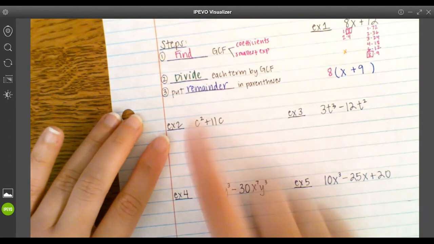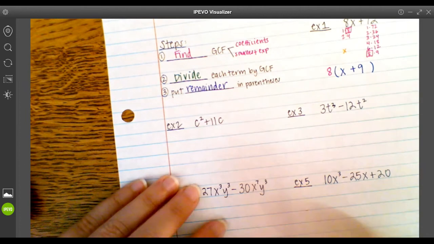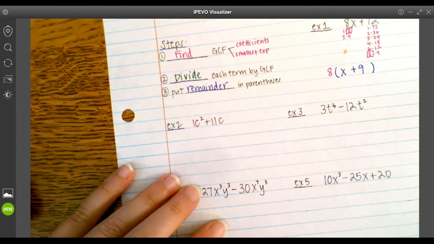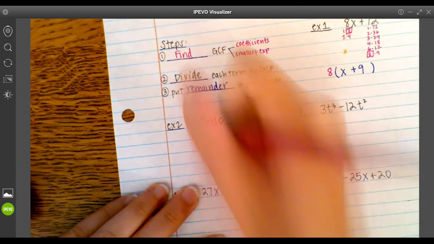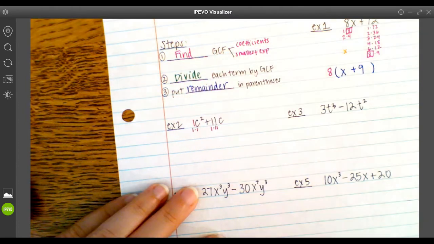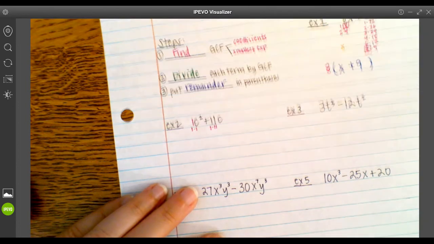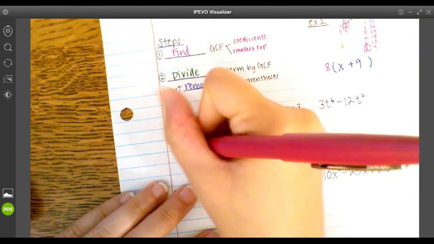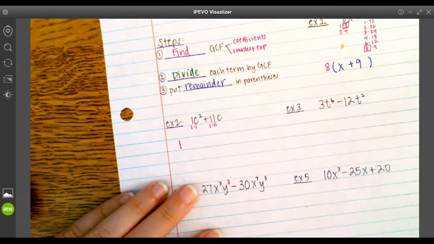Same idea. Notice that we don't have a number in front of c squared, so we're just going to automatically assume a 1. So our factors of 1 are 1 times 1, and our factors of 11 are 1 and 11. So that means our GCF must be a 1.